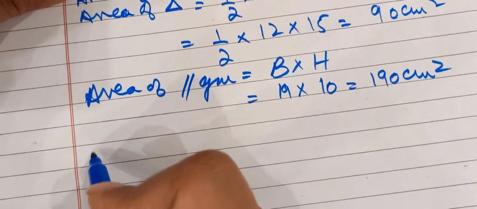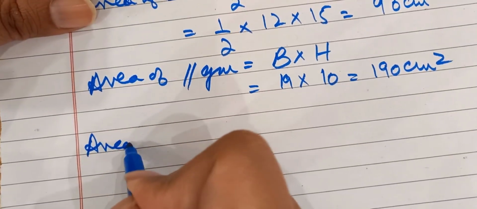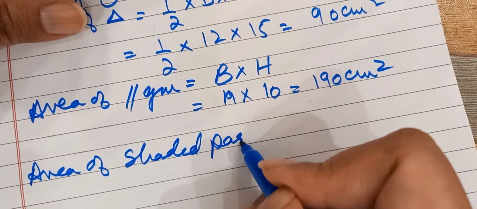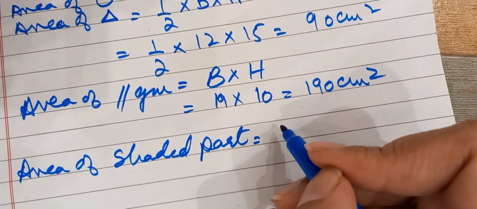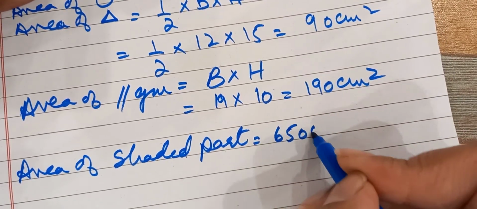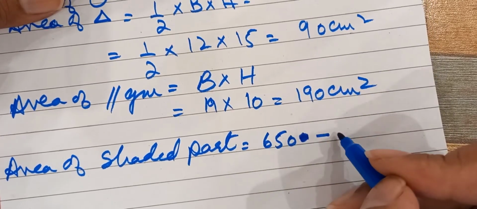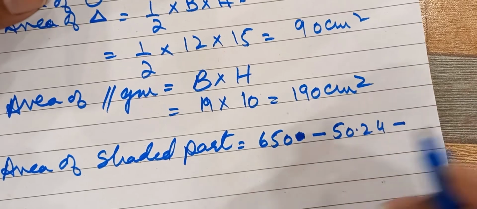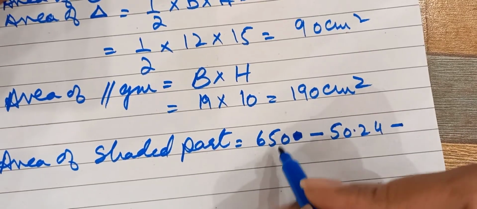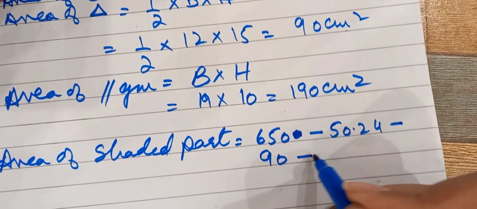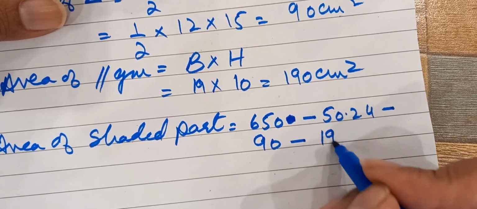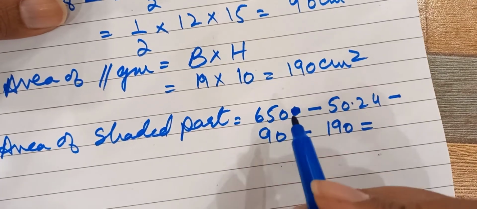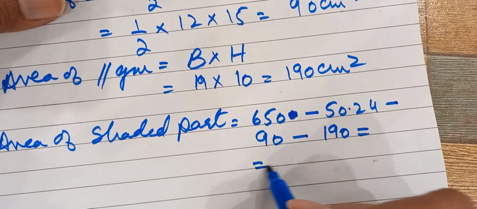So area of shaded part is equal to area of rectangle, which is 650, minus area of circle, which is 50.24, minus area of triangle, which is 90, and minus area of parallelogram, which is 190.